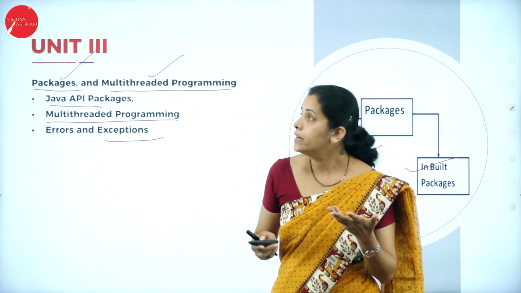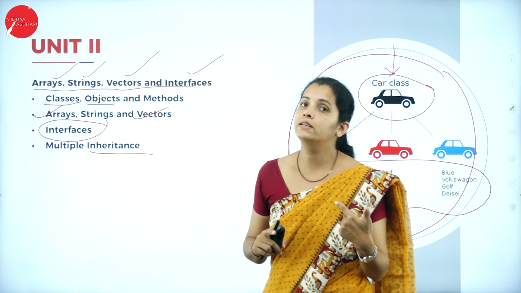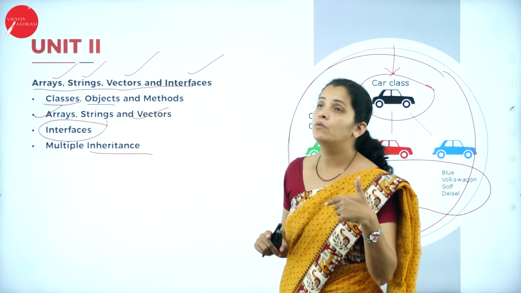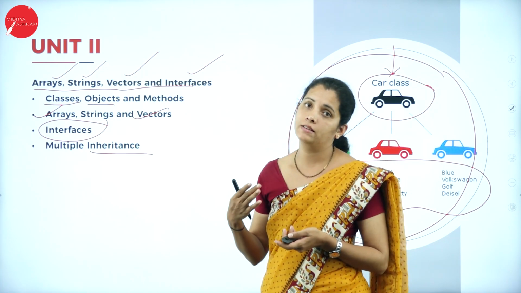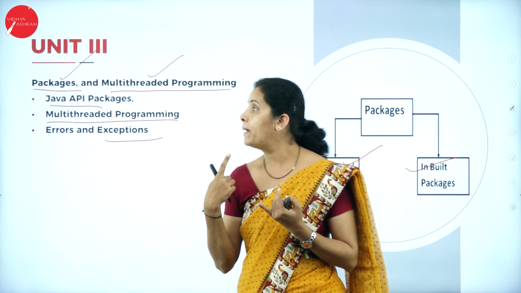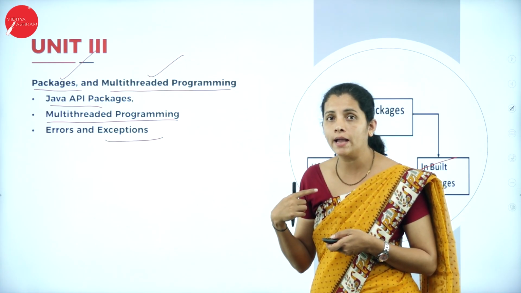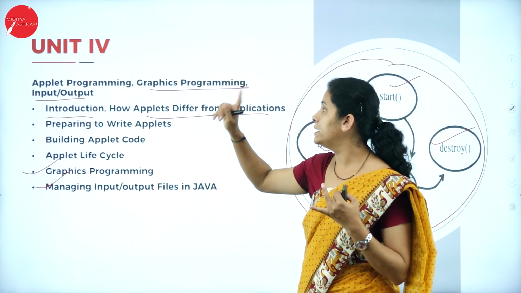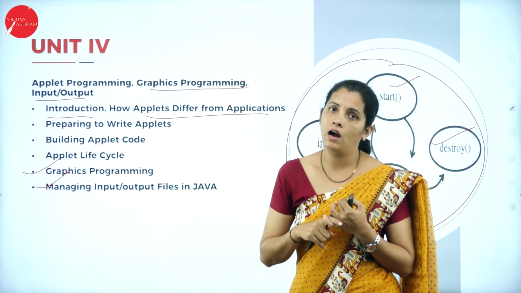Then in our second unit, once again we are going to study what is class, what is object, how to define the class, how to call the object, how to define the object, how to create the array, string, vectors, etc. Then in our third unit, we are going to have packages and how to write the multi-threaded programming. In our fourth chapter, we are going to have applet programming, graphic programming and input and output.